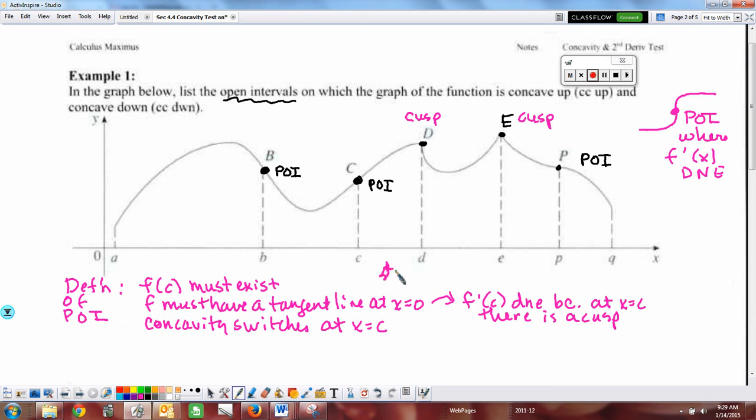So if I am going to come up with open intervals for which we're concave up and concave down here, then we could simply list those out.